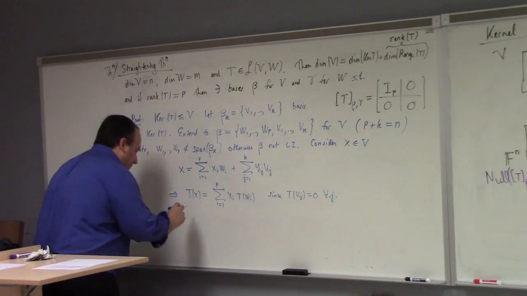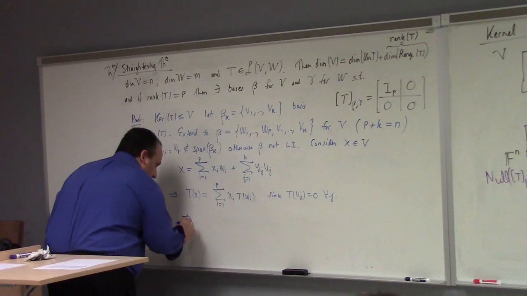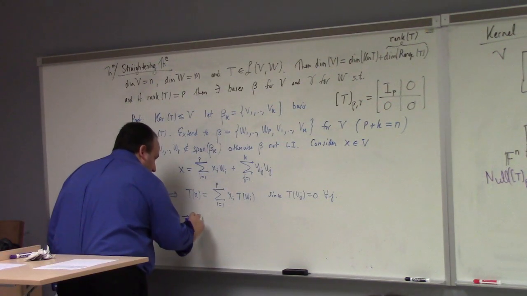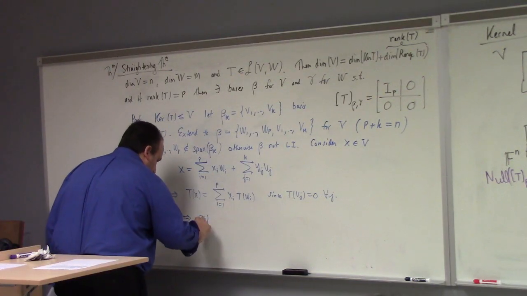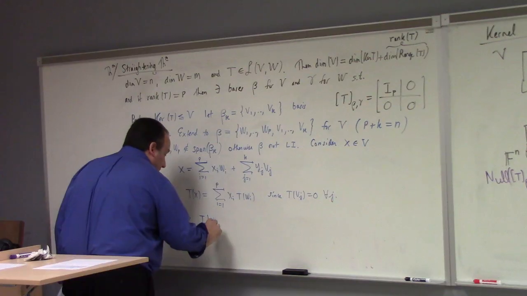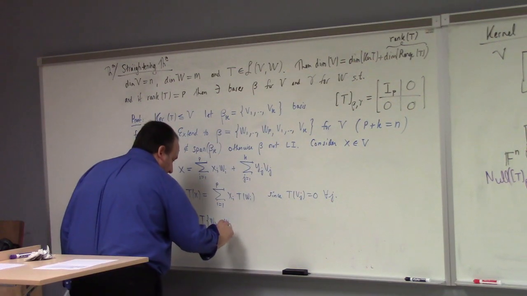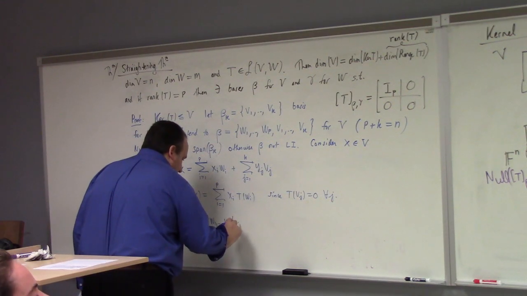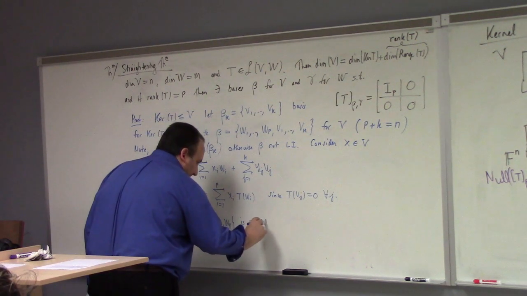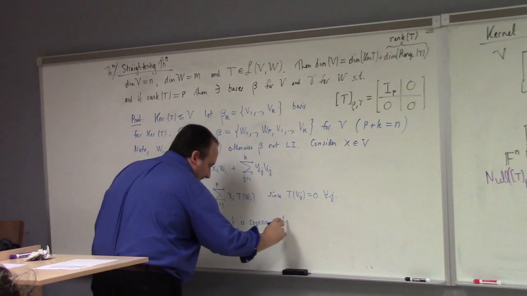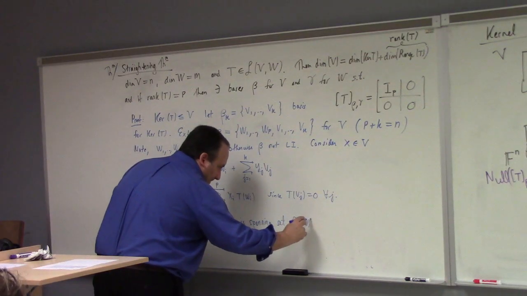So this says that T of the set W1 through WP is a spanning set for the range.